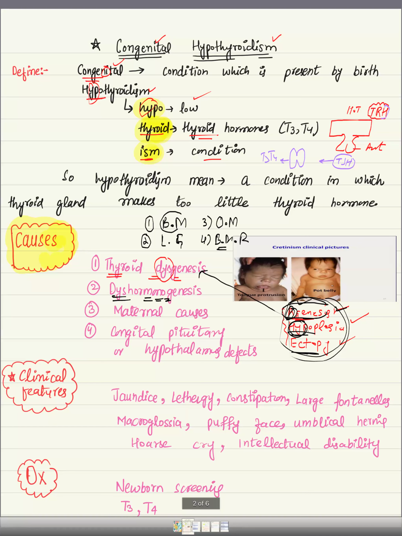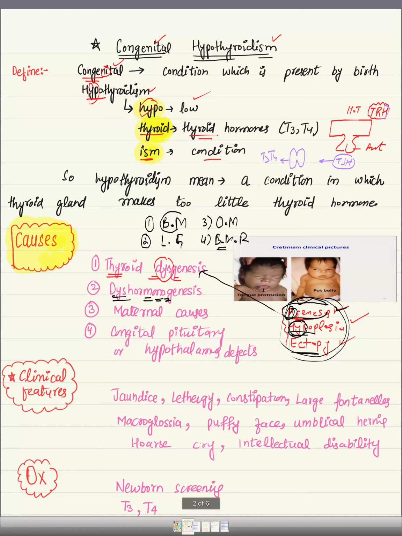So suppose the person has a deficiency in this enzyme, thyroid peroxidase, then your body is not going to make T3 and T4. So definitely it is going to lead to hypothyroidism. Then also, a very important point: can you mention the names of drugs which can lead to hypothyroidism in a baby? Anyone can mention the names of drugs.